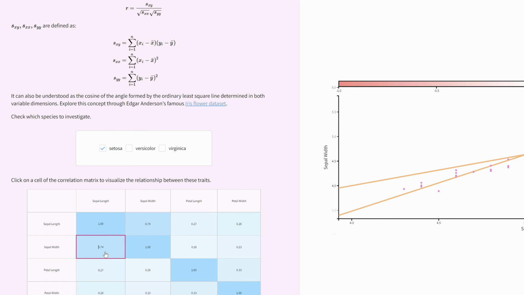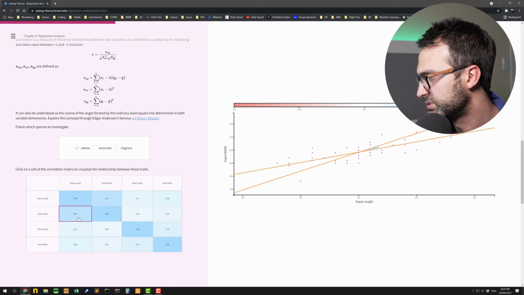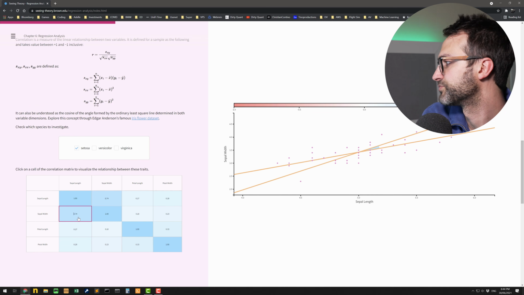Let's pick 0.74. So you're telling me that I regress these 2 against each other, and the line that is formed, the cosine of the angle, is 0.74.